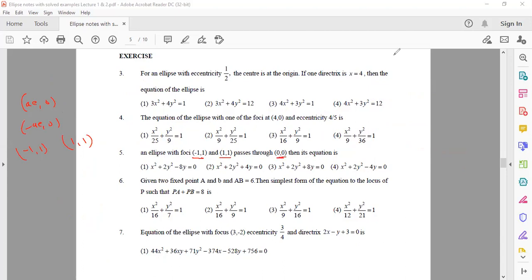So let's draw it. First of all, you will draw the axes, x-axis and y-axis. Tell me the 2 points which you have as foci. 1, -1 and -1, 1. Correct now?